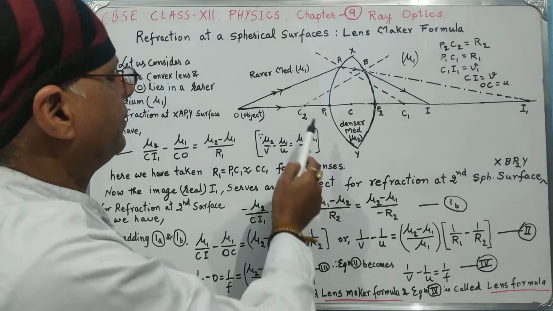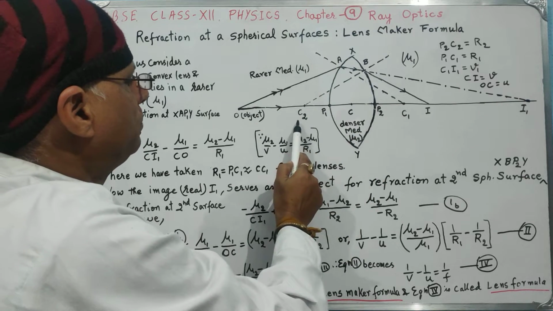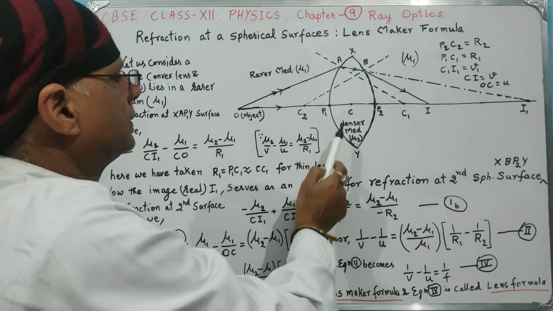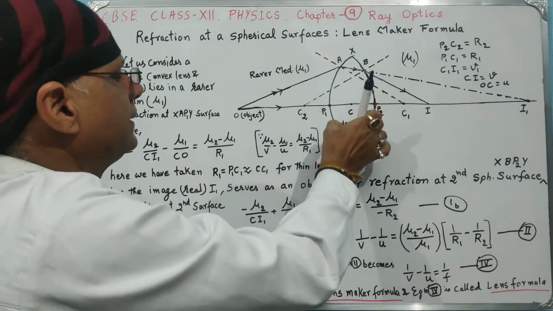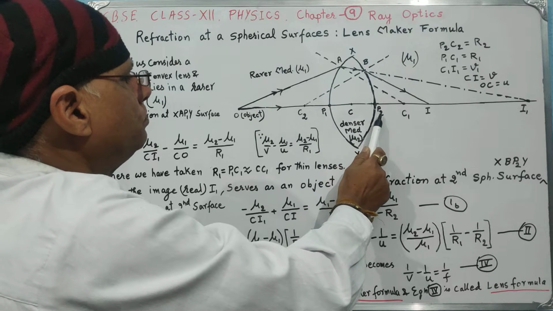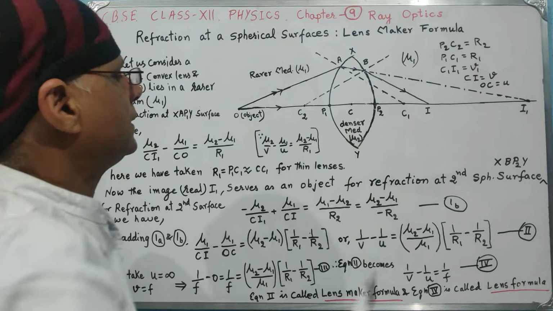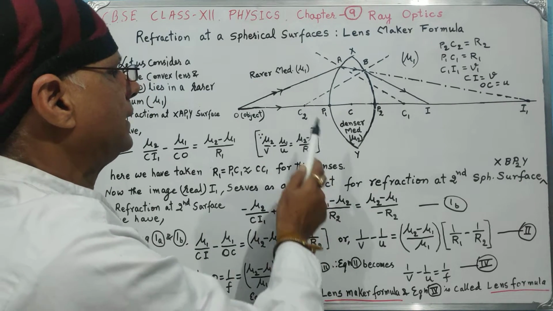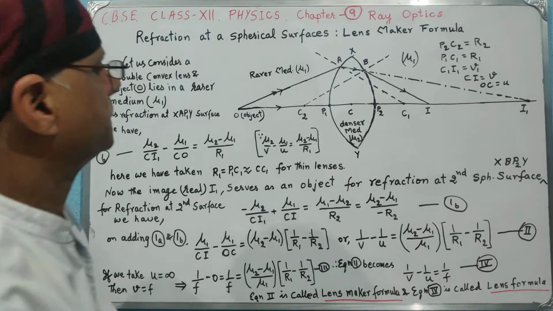The radius of curvature of the surface XBP2Y will be C2P2, but we are further assuming that this lens is very thin and therefore P2 and P1 are very close to point C, so we make an approximation and take C2P2 equal to C2C.